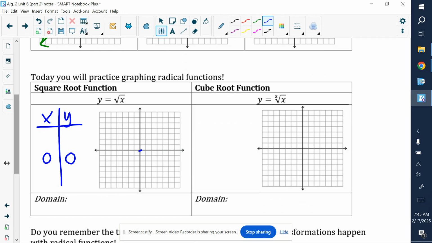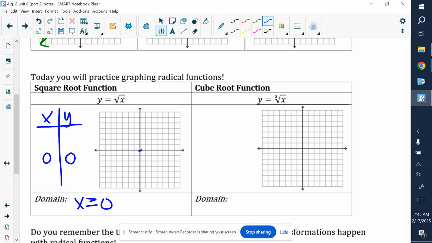And if I'm taking the square root of x, can I take the square root of any number? Nope. I can only take the square root of 0 and positives. So I can't take the square root of any negatives. So my domain is going to be x values greater than or equal to 0.